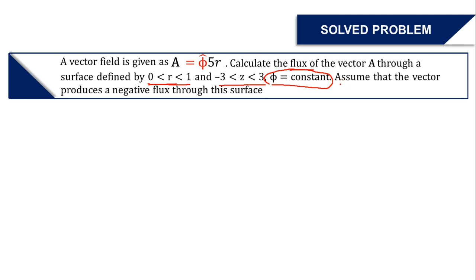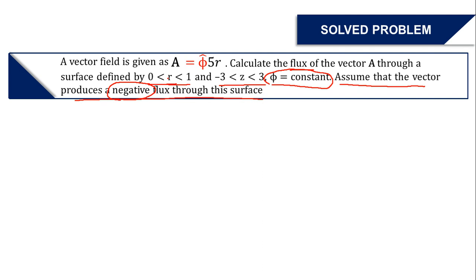We are to assume that the vector produces a negative flux through this surface. So tatandaan natin yung negative flux na yan dahil meron niyang meaning, o binibigyan tayo ng hint kung paano natin isolve yung particular problem na to.